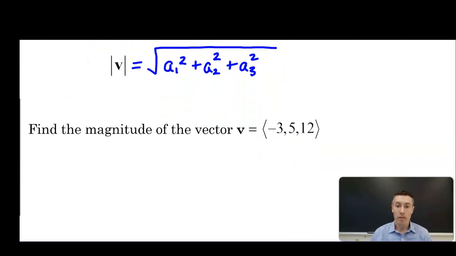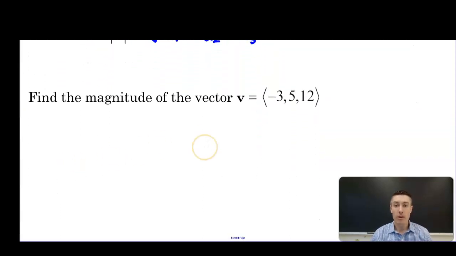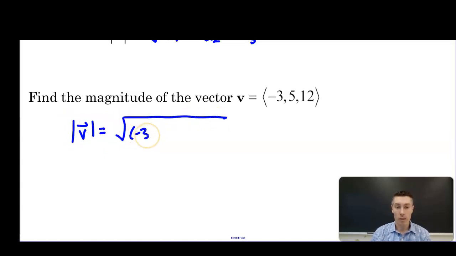So find the magnitude of the vector v equals -3, 5, 12. Again, pause, complete this yourself, play the video and see how you did. Okay, so magnitude of v is the square root of -3 squared plus 5 squared plus 12 squared.